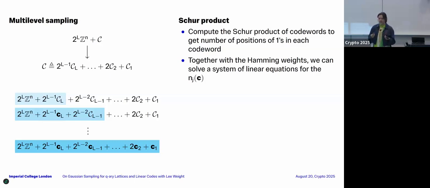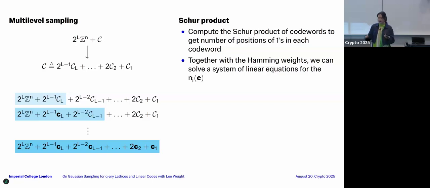In this case, if you can find these codes where these C_i are actually codes over F2, then what we do is sample first from one level, and then in the next level, you compute a conditional probability of selecting the next code word based on the fact that you've already pre-selected one in the previous step.